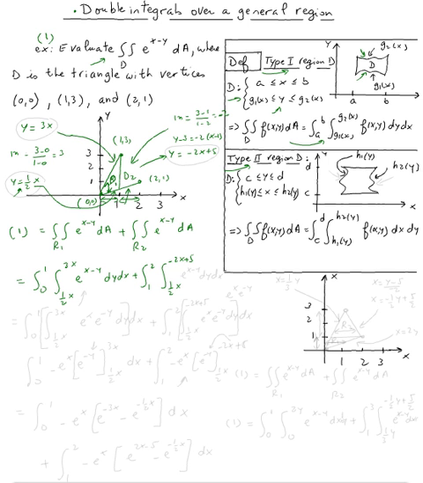Alright, before we finish, we're going to try to finish this integral. But let's just do it the other way around just so you can learn more on the same problem. Alright, so let me do the graph here. So we want (0, 0), (1, 3), and then (2, 1). So again, it's this triangle.